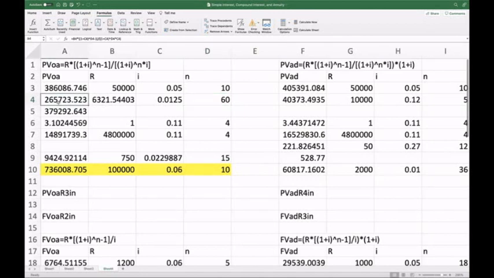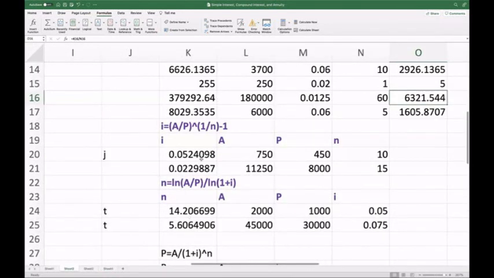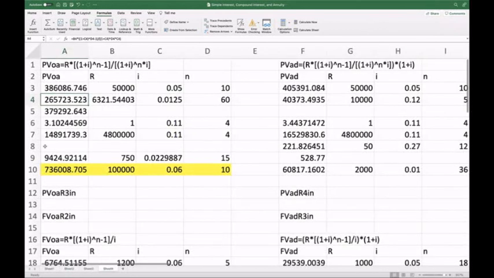Did you see it, class? 265,723. It's between 180,000 and 379,000. Did you get the idea now? So that means this is the present value. Isn't it easy, class? Once you know the formula, all you have to do is just plug in this. This one you computed, and then you get the present value of the ordinary annuity.